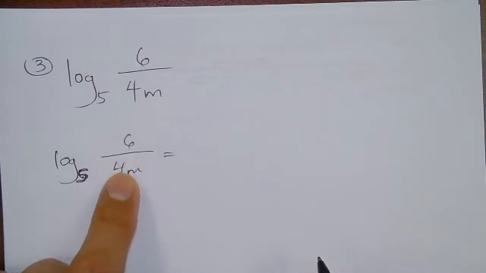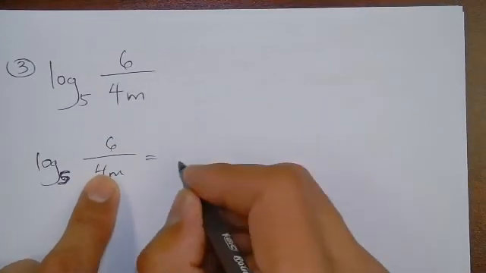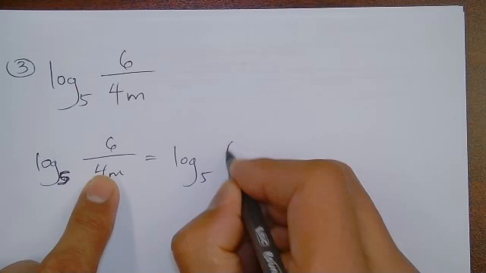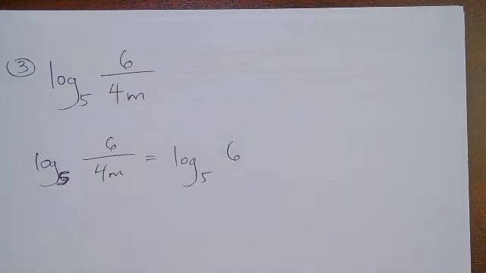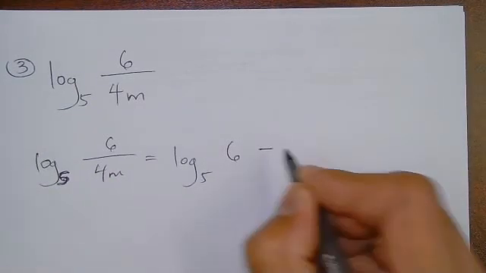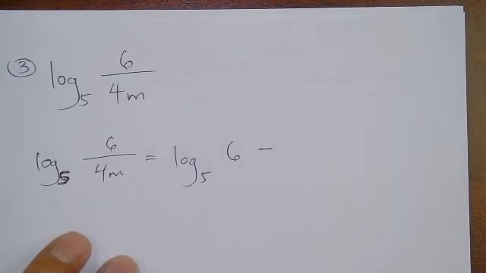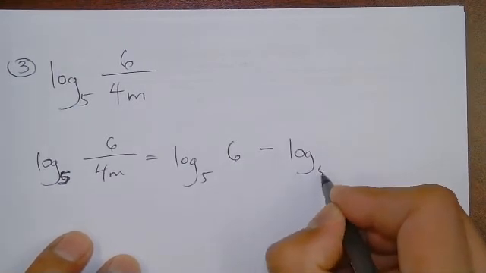Okay, that's going to be log 6. Oh, no. Log base 5 of 6 over 4m. Isn't that going to be, well, first of all, there's division. The top one, subtract the bottom one?